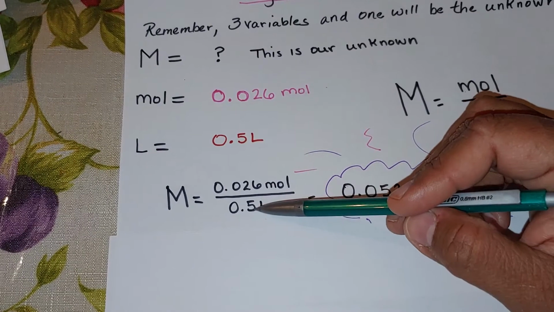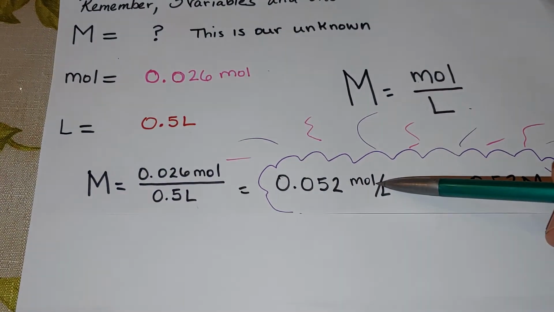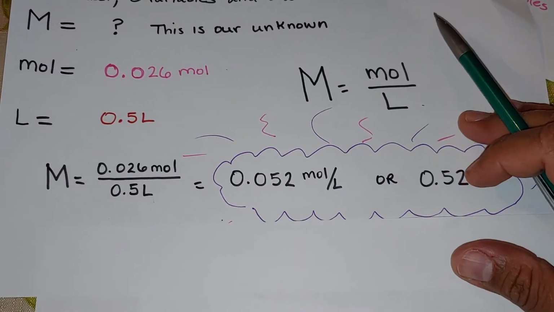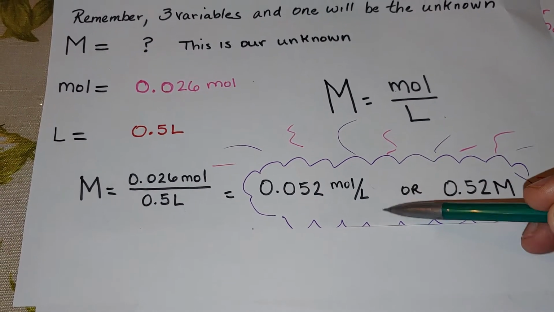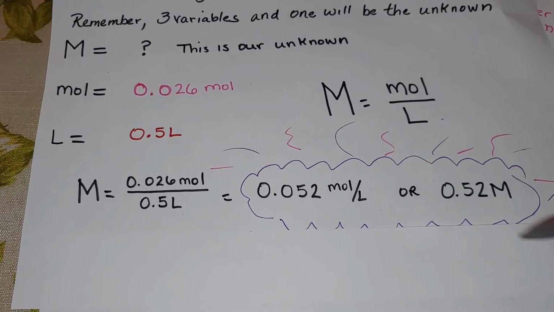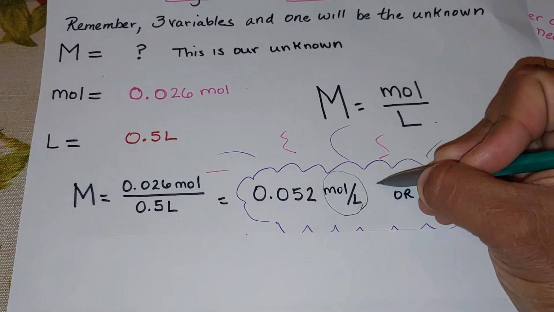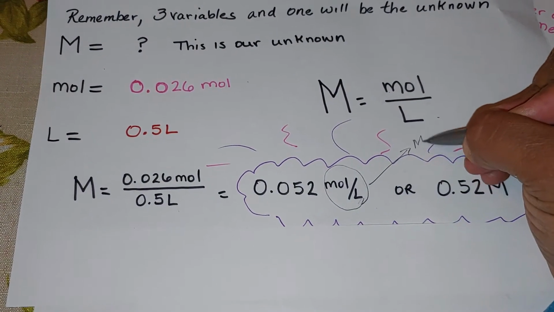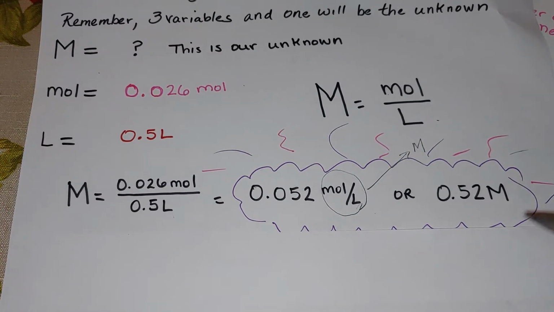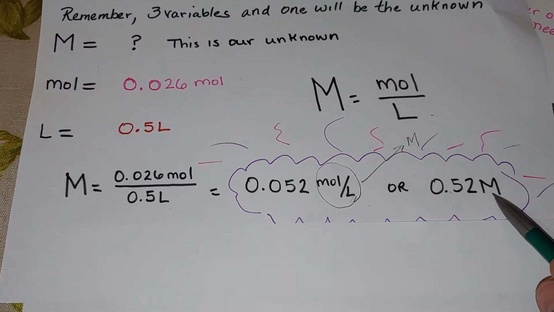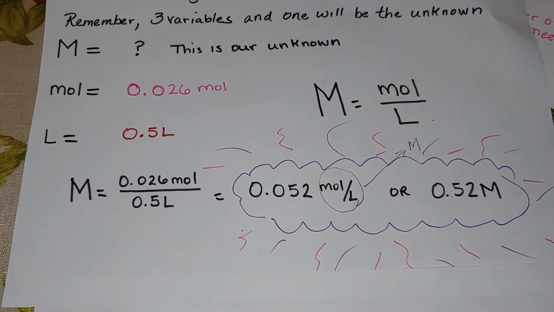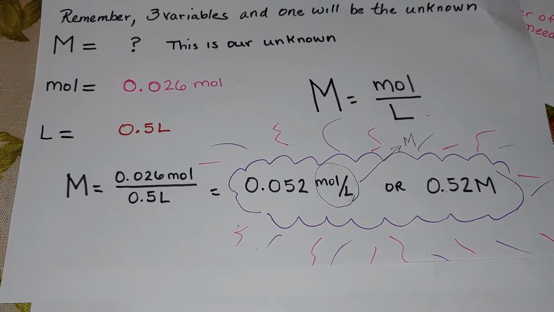Do the math, divide the 2, and your calculator is going to spit out 0.052 moles per liter, which, guys, understand that this right here is the same as the unit M. It's just another way of writing it. So you can go ahead and write it as 0.052 molarity. Okay, so that's pretty much the answer to our first example.